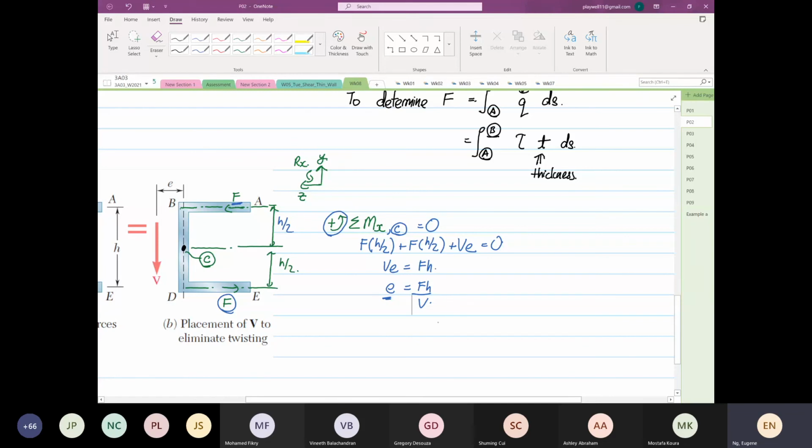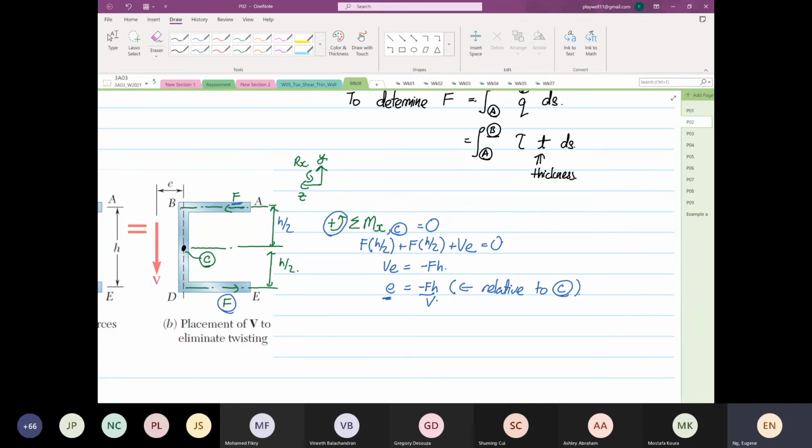By the way, I made a mistake over here. This should be minus FH over V. Minus means it's going to the left-hand side relative to point C.